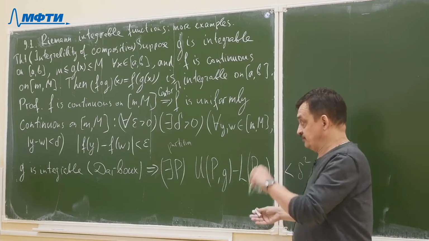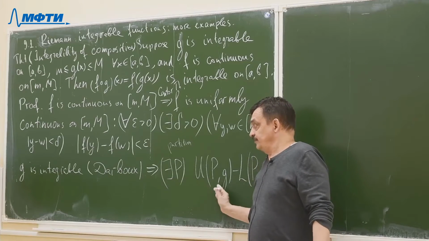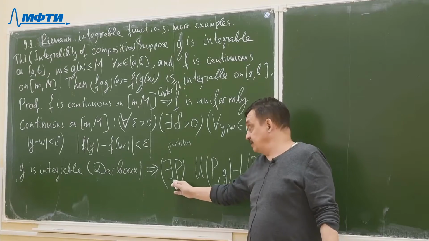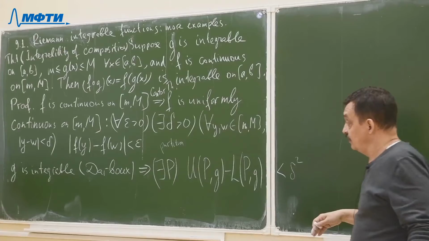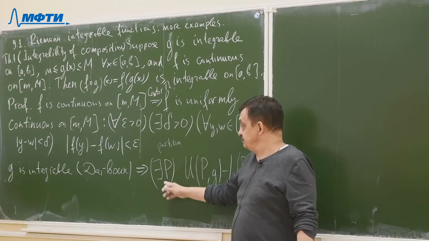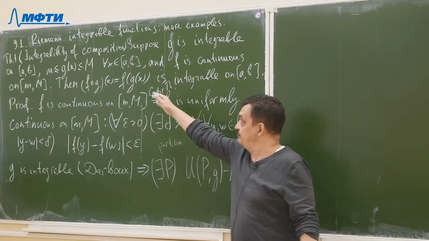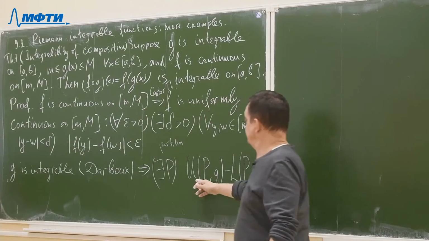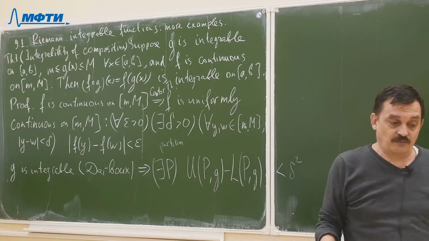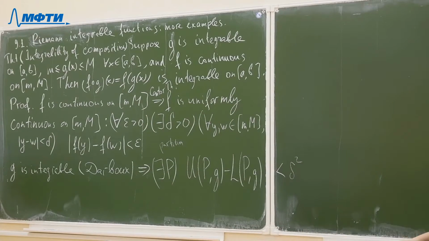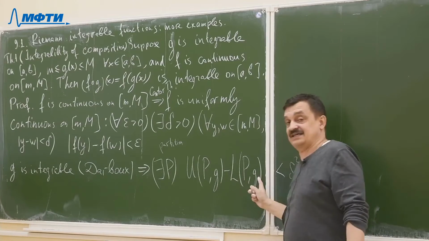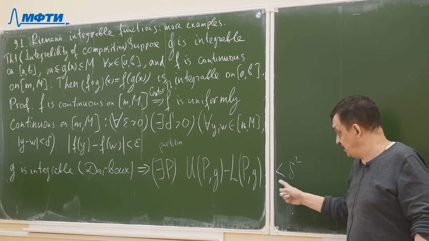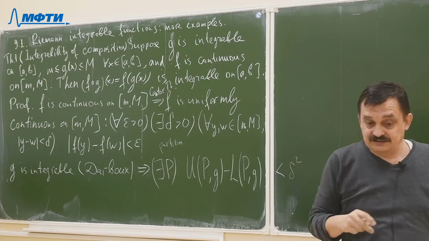And according to the integrability criterion by Darboux, a necessary and sufficient condition, there exists a partition of our interval [a, b] such that the difference between upper and lower Darboux sums for the function g is as small as we want, and we want it to be less than delta squared.